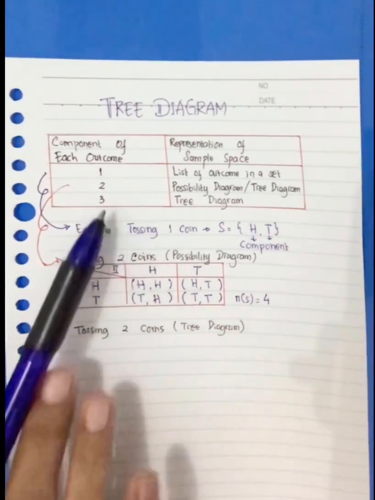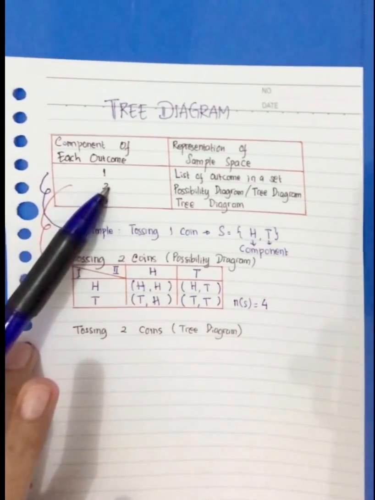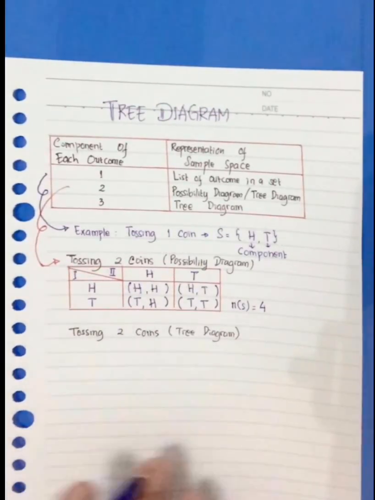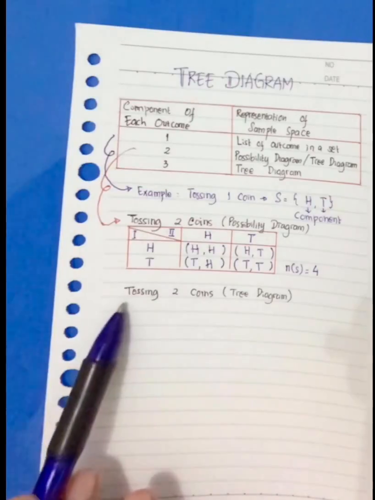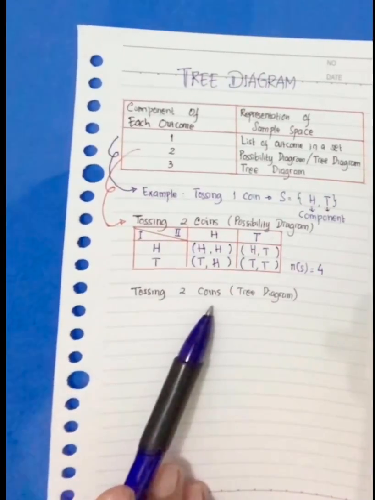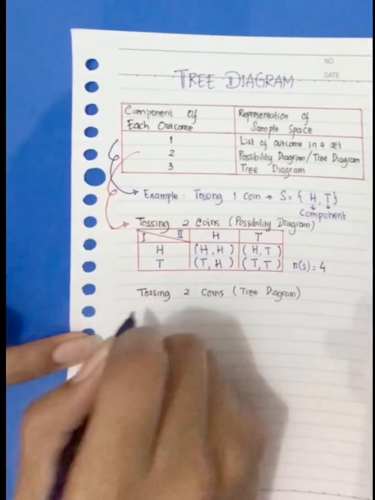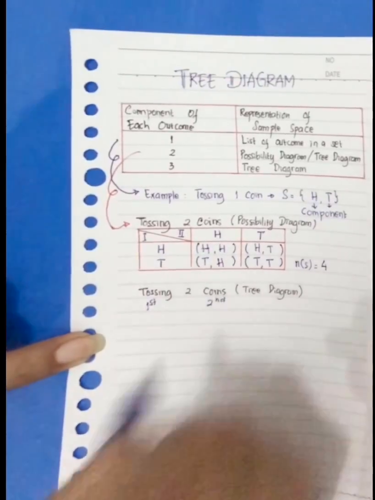Now, if we have two components, we can also represent the sample space by using a tree diagram. If you want to draw a tree diagram, remember that you need to check what our experiment is. In this case, our experiment is tossing two coins, which means we have the first and the second coin.